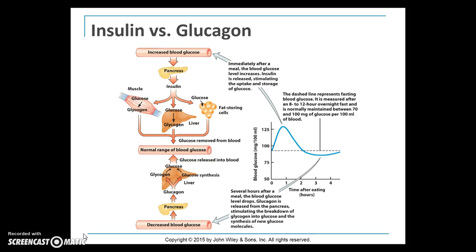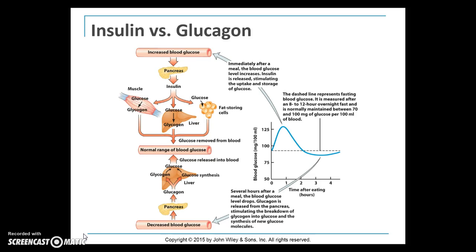We're going to start from top to bottom. In this picture, our blood glucose is increased. Maybe we just ate a meal, it's 30 minutes to an hour, and afterwards our pancreas is stimulated, and we release insulin, and what it does is it causes us to store glucose as glycogen in our muscles, to store glucose as glycogen in our liver, and any excess glucose is stored as fat in fat storage cells.